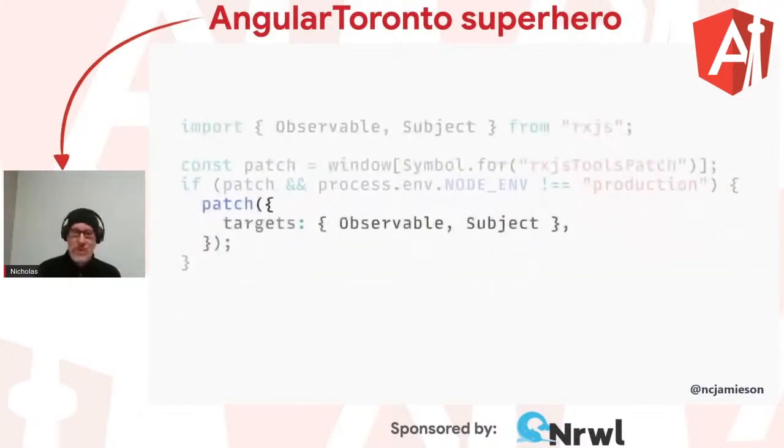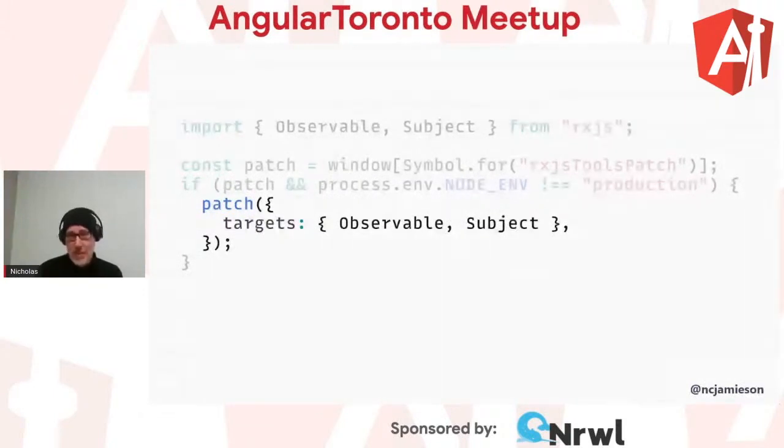If you call patch and pass in the targets, which are the observable and the subject from your RxJS library, it will wire up your application to the tools. So that's it. There is no dependency in this case. You just call patch if it's there. If it's not there, the tools aren't installed. Call patch, pass in the subject, and then your app is wired up to the tools.